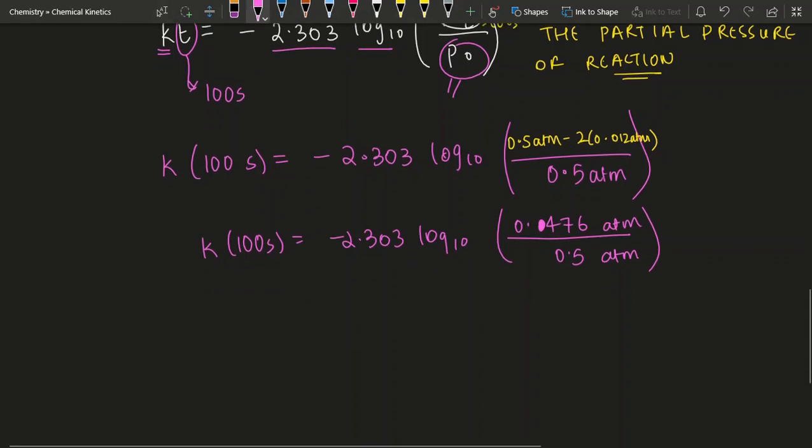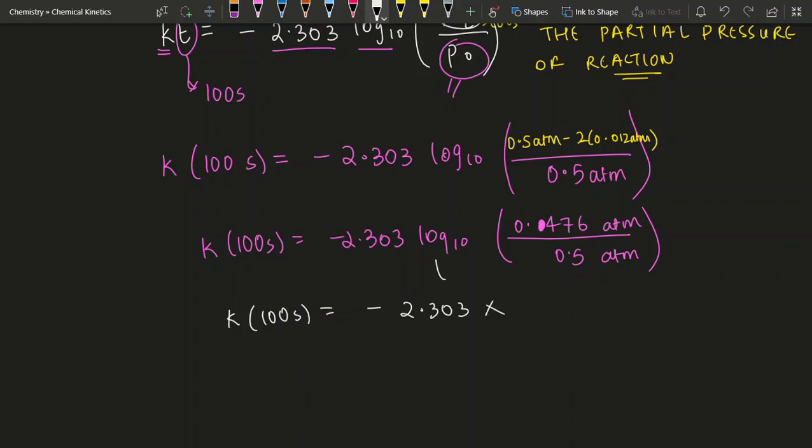And now you can solve for this equation. You can find the log. You would use a calculator, use log tables, whatever you have at hand, and you would arrive at k times 100 seconds is equal to negative of 2.303 times the log. If you calculate this, atms cancel out. If you calculate the log, that is equal to 0.0216.